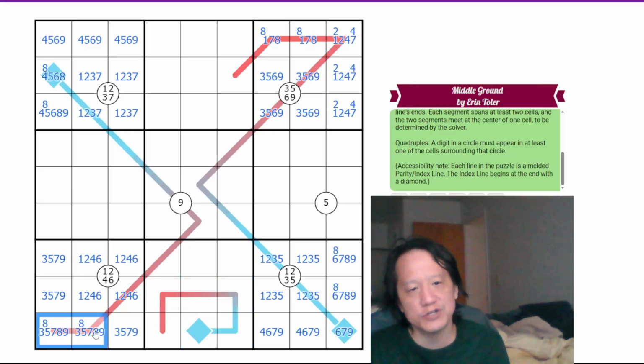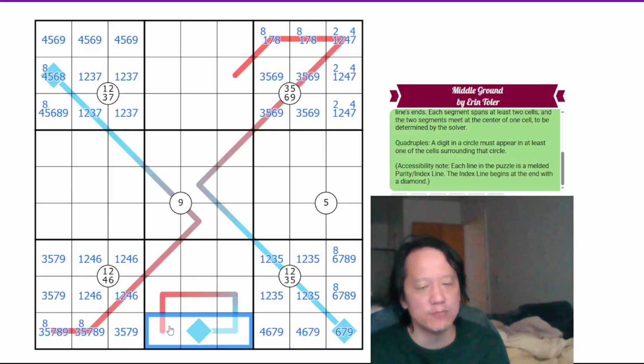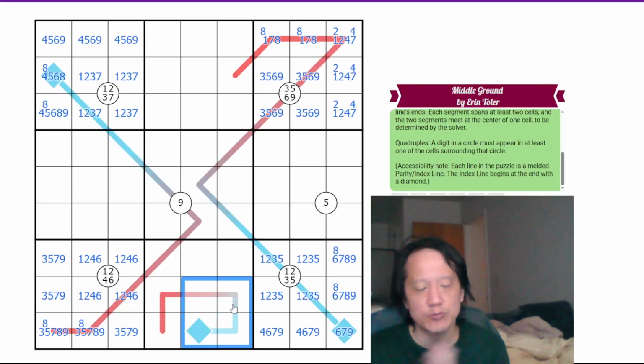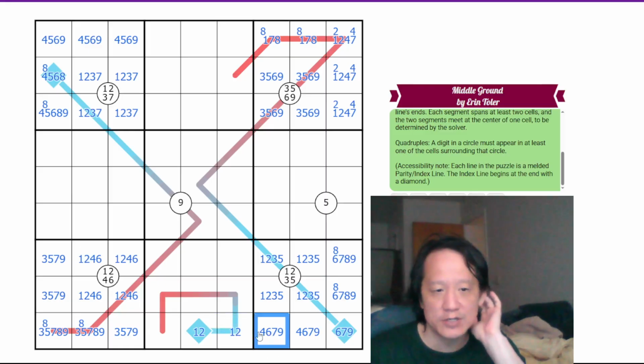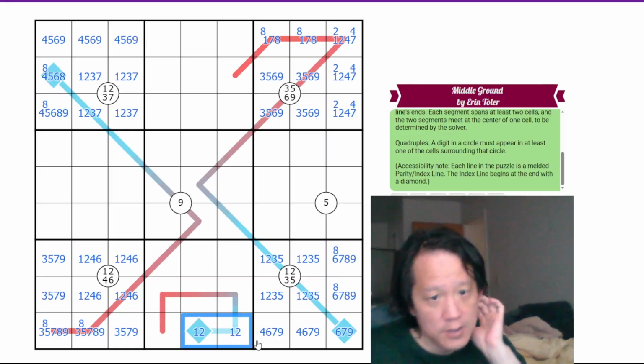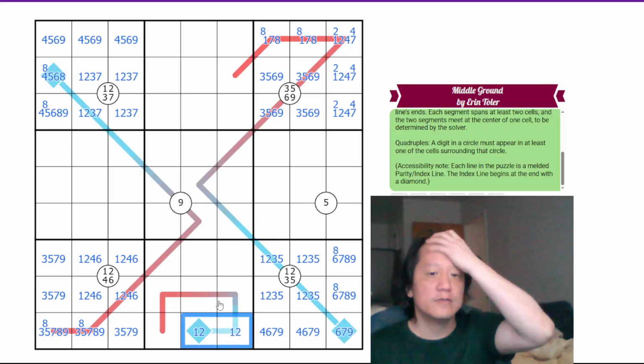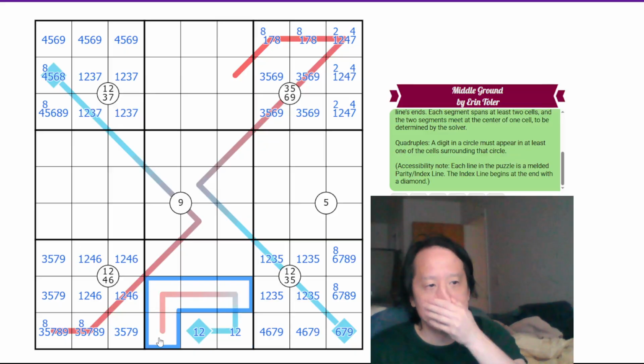So where are 1 and 2 in row 9? They have to be in one of these 3 cells. But if we have a 1 or 2 here, we don't have a 1 or 2 for the rest of this index line, which would eliminate that as a possibility. So this has to be 1, 2 here as a pair. So therefore, this is indexing that one. We don't know about the parity, though.